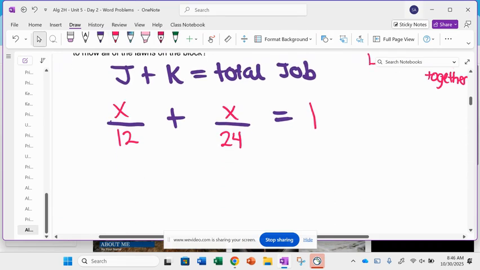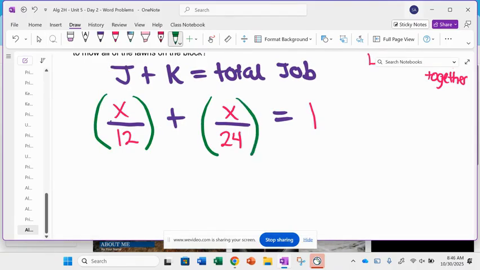When we have a fractional equation, what do we want to do to solve? You got it. We want to eliminate the denominator. So we're going to multiply everything by the common denominator. What would be the common denominator here? 24.